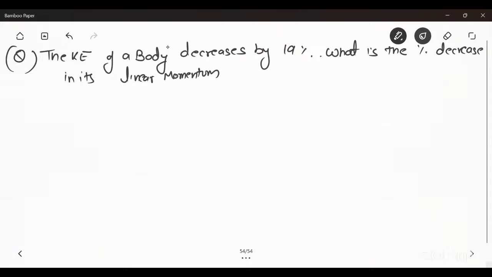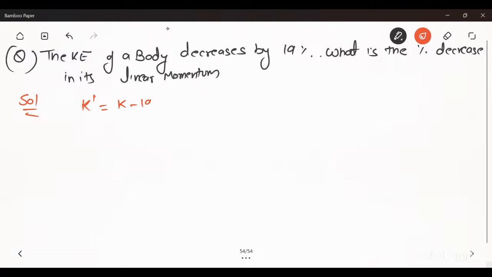So the question is given that kinetic energy of a body is decreased by 19%. In that case, the kinetic energy is decreasing. So see the solution, how we can find. You can write the same line: let the initial momentum be P and kinetic energy be K. Now the new K dash will be decreased by 19%.